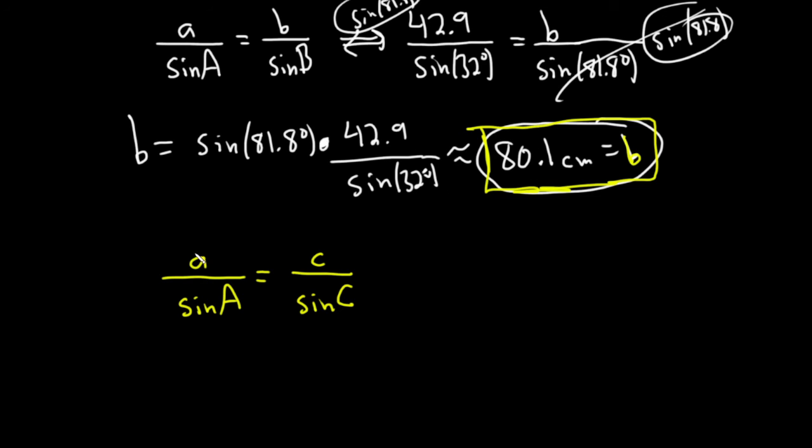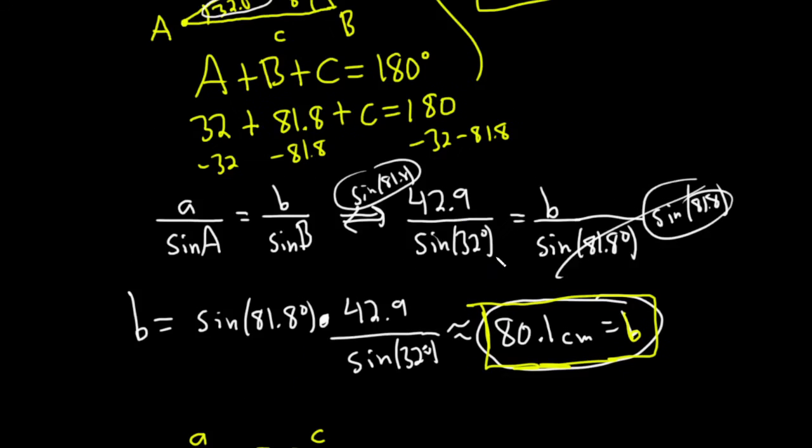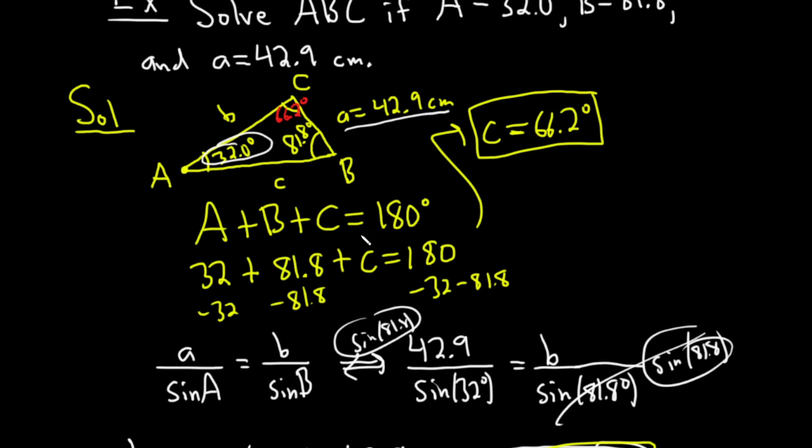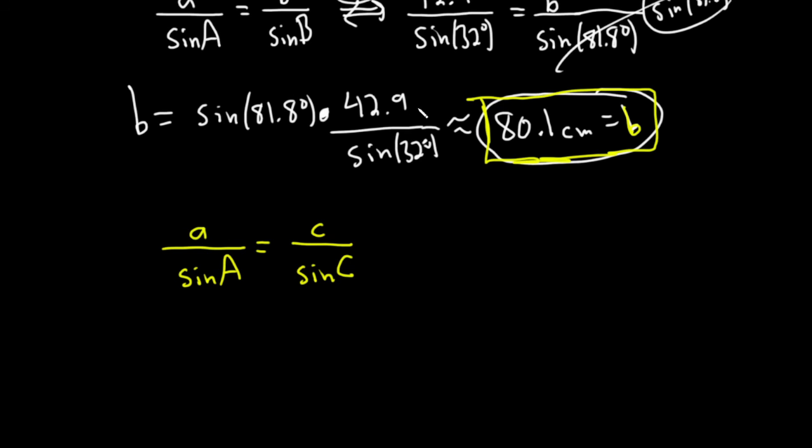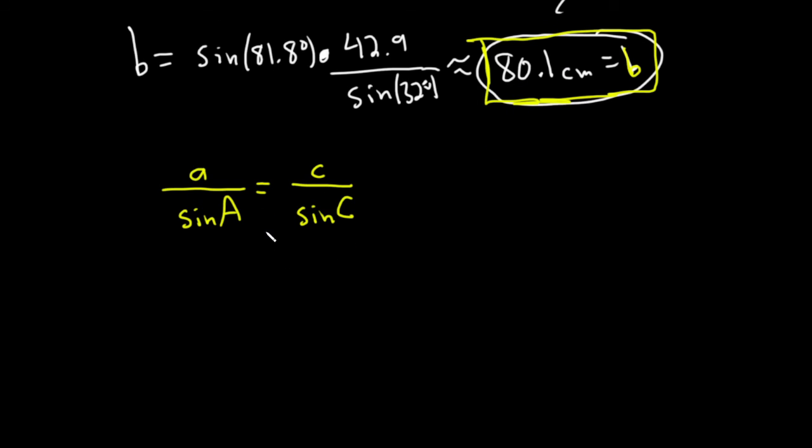So again, it's better to always use what's given. And you might say, well, the big C is not given, but that was really easy to get, because we just subtracted some stuff and got it. So we definitely don't want to use little b here. It's just good form.